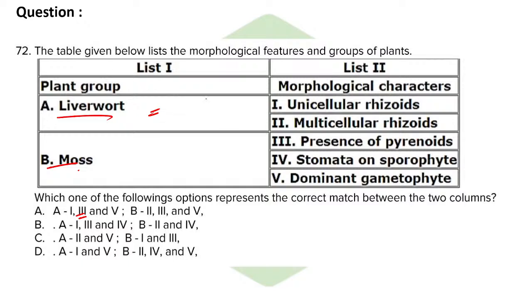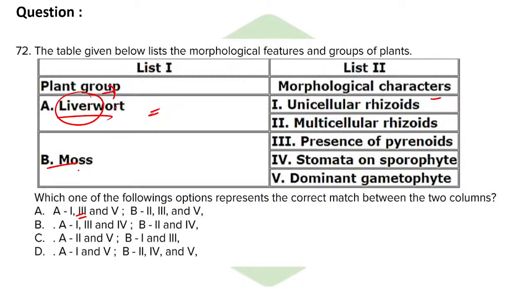Last question for today. Mark the answer for the question, everyone. Liverworts and moss. So you have unicellular rhizoids, then multicellular rhizoids, presence of pyrenoids, stomata on the sporophyte, and the dominant gametophyte. Which of the following options represents the correct matches of the two things?